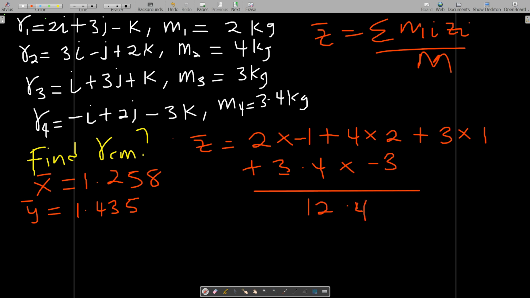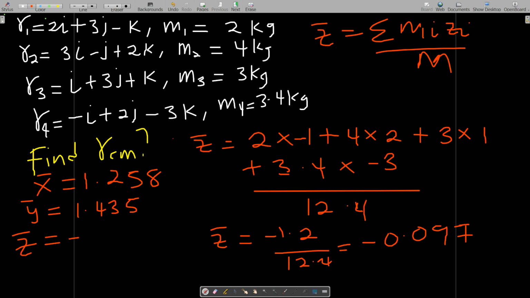So z bar will be equal to 2 times -1 plus 4 times 2 plus 3 times 1 plus 3.4 times -3, and the answer is -1.2 for the numerator, over 12.4, and this is equal to -0.097 to 3 decimal places. So my z bar is also equal to -0.097.